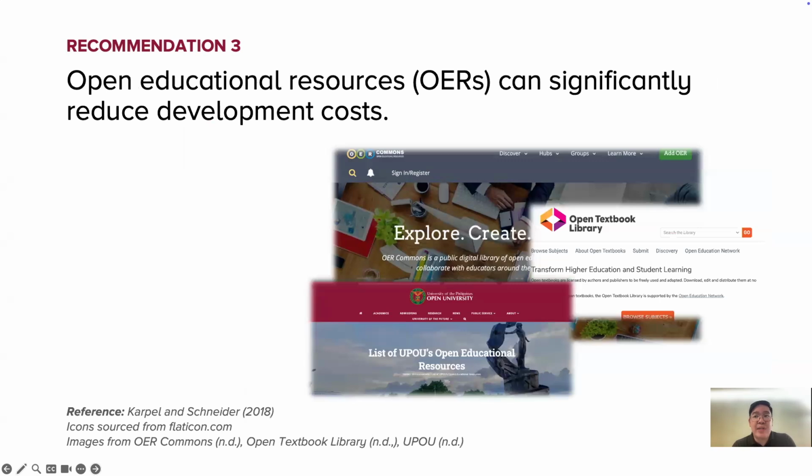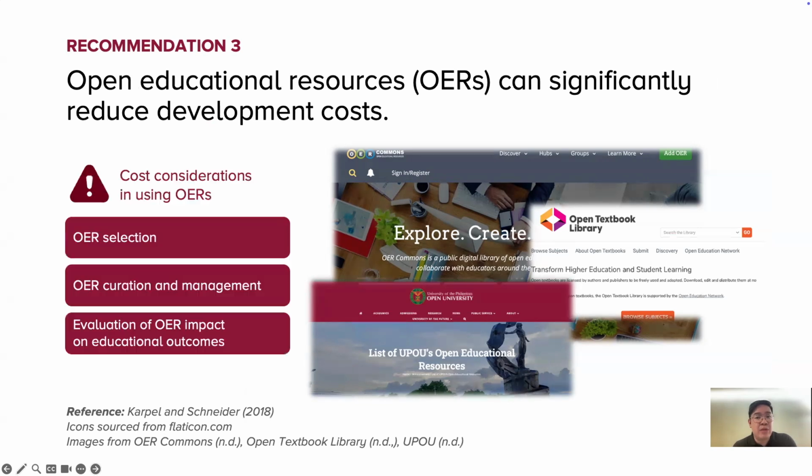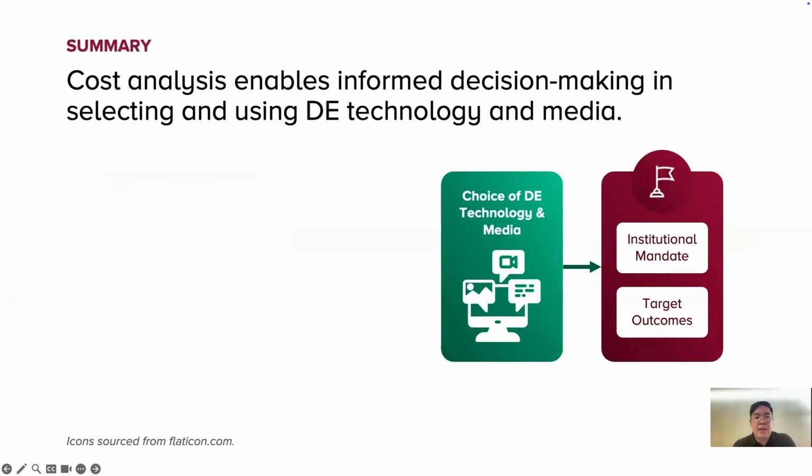For open distance learning, open educational resources, including open textbooks, can significantly reduce development costs. However, finding quality OERs, integrating them into the course design, maintaining them, and evaluating their impact on student performance can all be challenging.